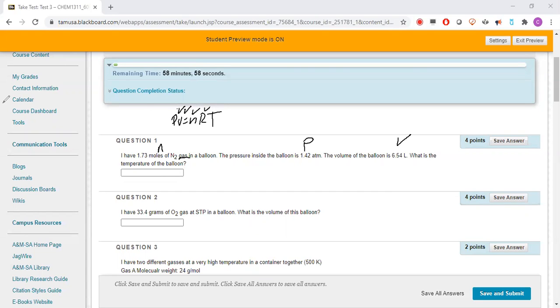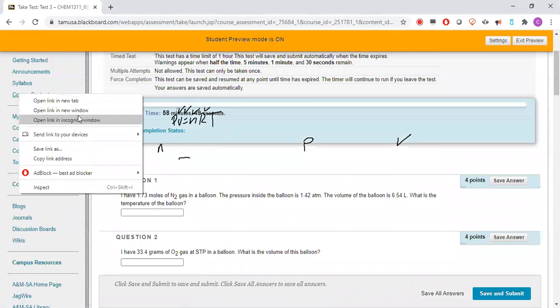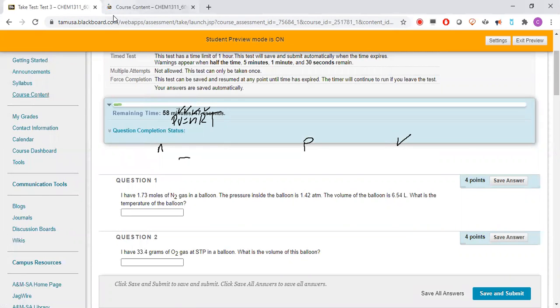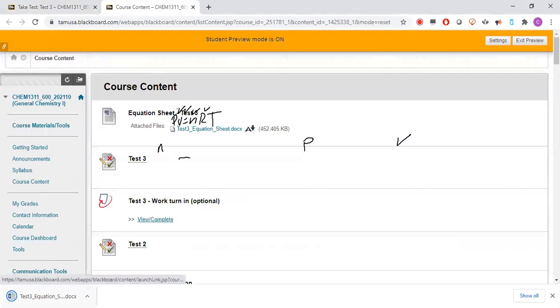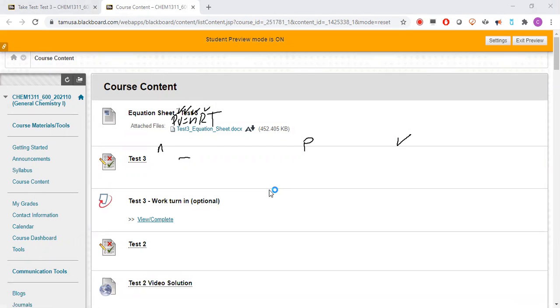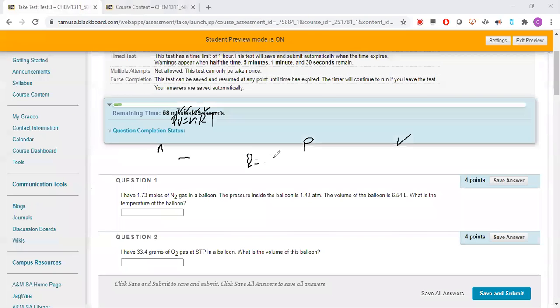So we have P, V, n, R. We don't have T. And what I'm going to actually do is open up my equation sheet right now because I do not have these memorized. So let me pull up my equation sheet. And so R for this problem is 0.08206.